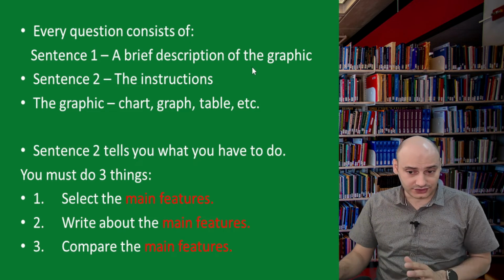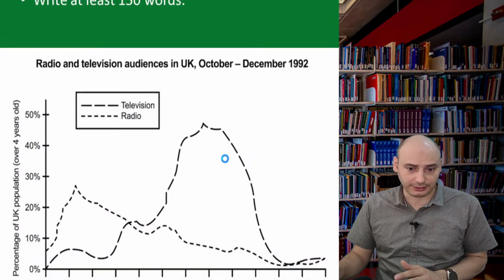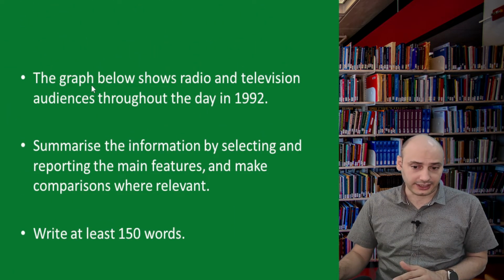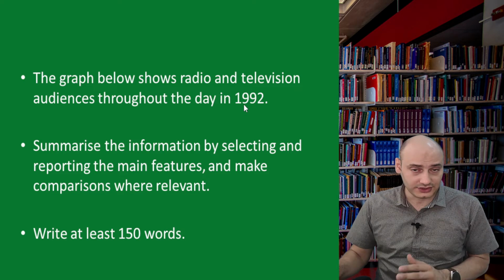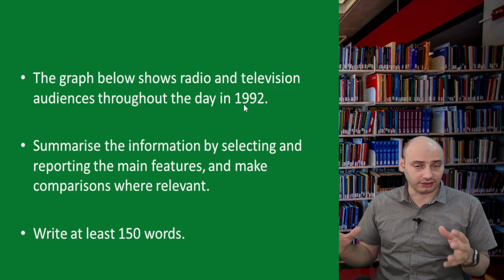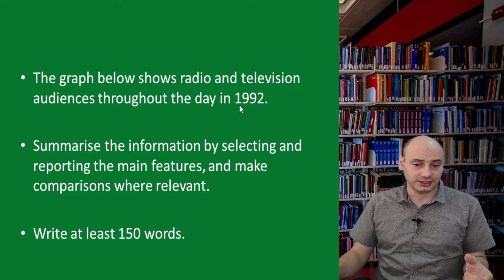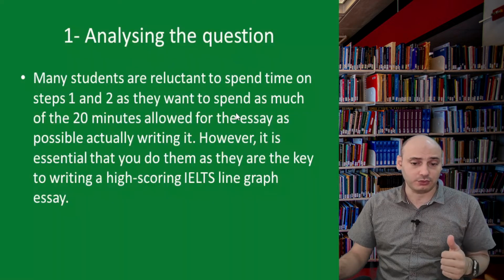We have a brief description of the graphic, which is, for example, if we go back again to the question, the graph below shows radio and television audiences through the day in 1992. So this is a brief description of the line graph. So this is what you need to know about the question. So this is step number one.